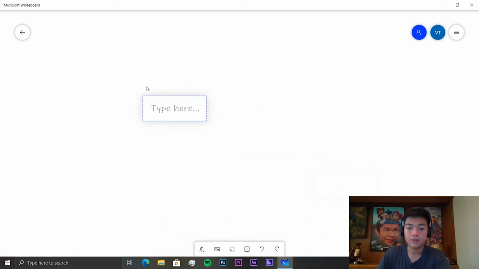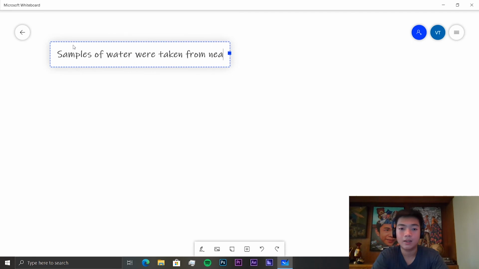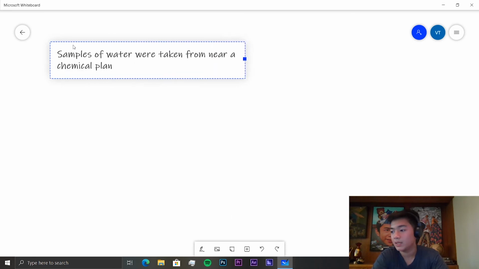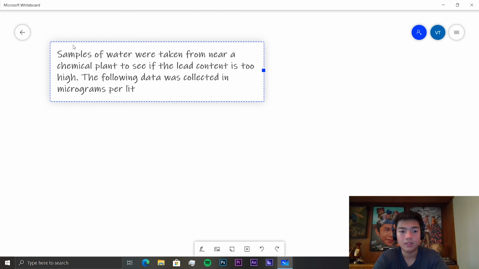We have samples of water taken from near a chemical plant to see if the lead content is too high. The following data was collected in micrograms per liter.